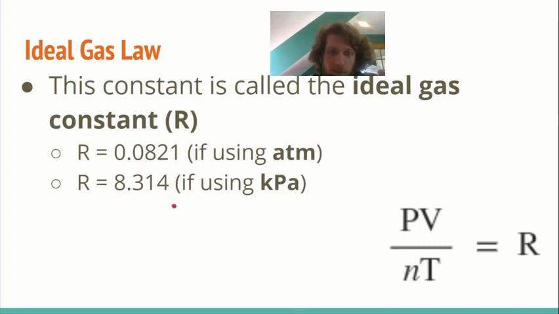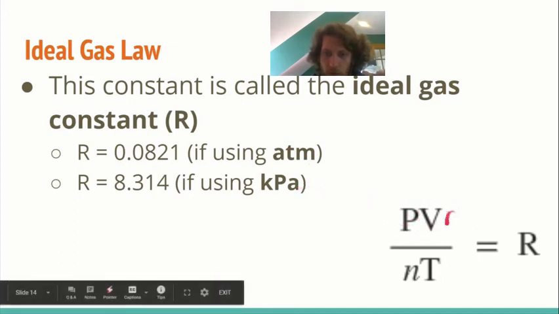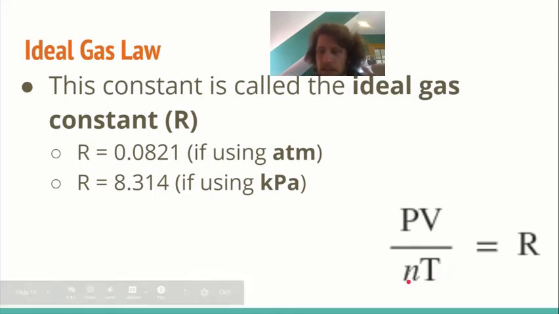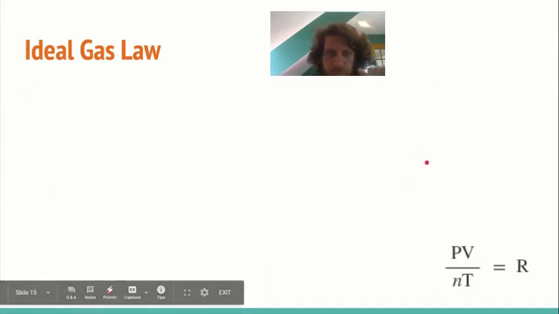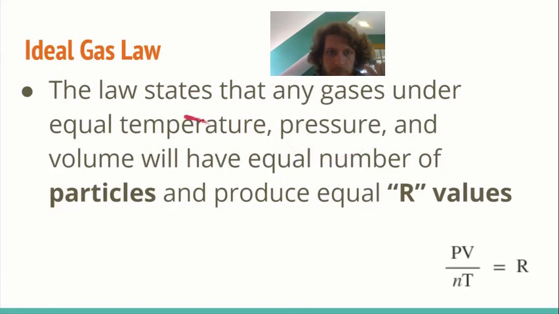You'll get pretty used to using both of these. The only thing you need to check is atmospheres or kPa for pressure. We're always measuring volume and temperature using the same units, so pressure is the only one that changes.